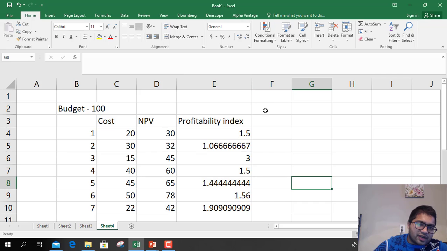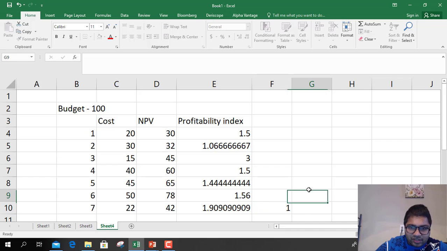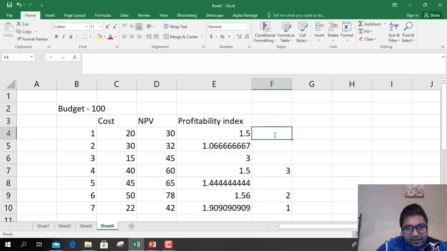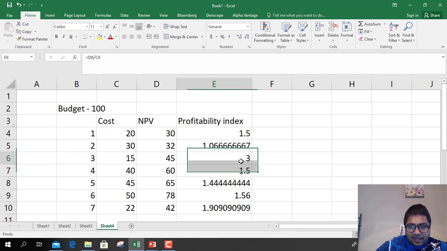So based on the profitability index, if you have $100 million, how would you allocate money? First, you will choose the project that has the highest profitability. The highest profitability is actually project 3, not 1.9.